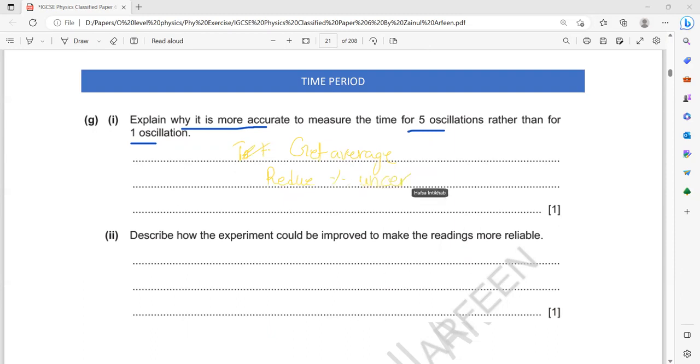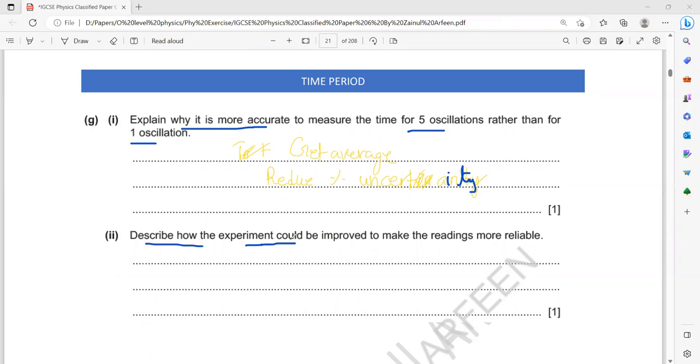We will be more certain in our values, like the percentage of uncertainty in the result will be reduced. Uncertainty.